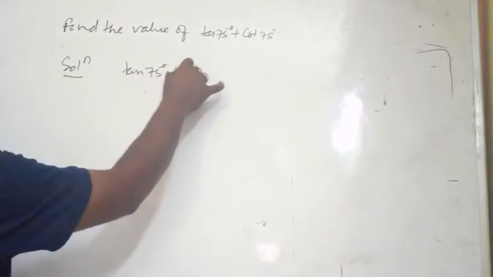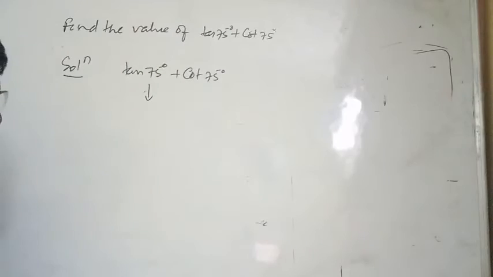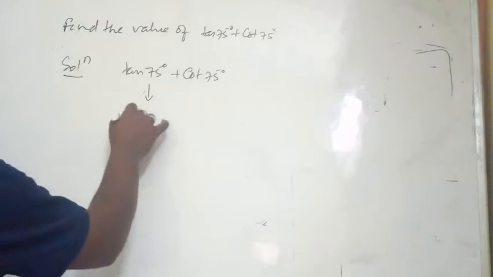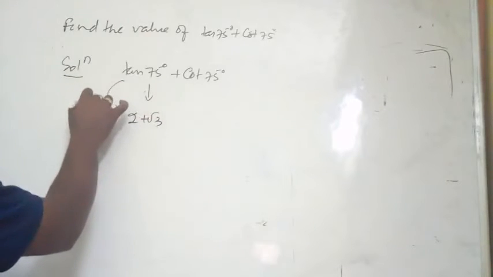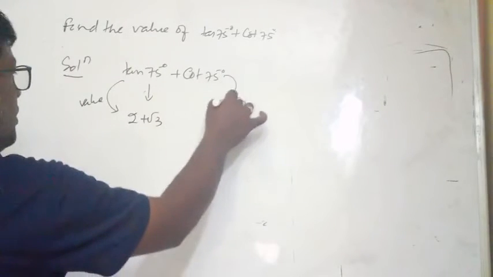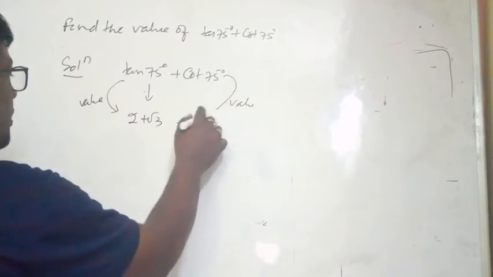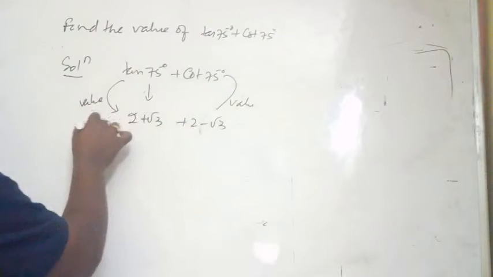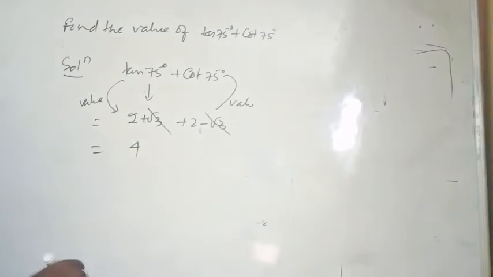We know the value of tan 75 degree is equal to 2 plus root 3, and the value of cot 75 degree is 2 minus root 3. So this is plus, root 3 minus root 3 cancel. Its value is 4.